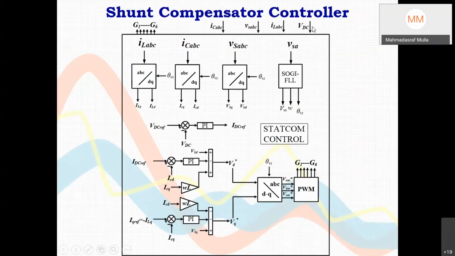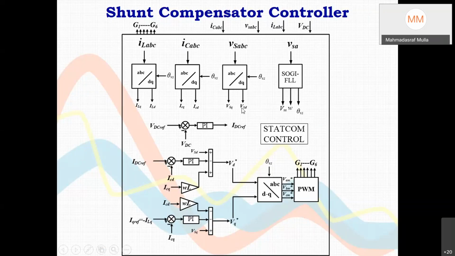So inside what all calculation we are making. So from supply voltage, we will find out the grid angle. Utilizing this grid angle, so actual control is developed in DQ frame. So utilizing this grid angle, we can convert our supply voltage to DQ value.